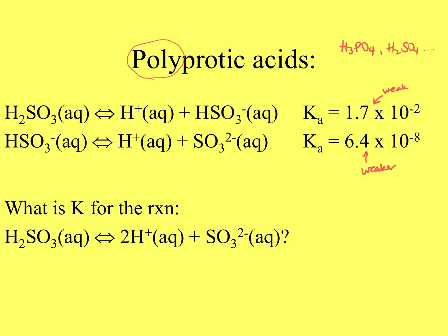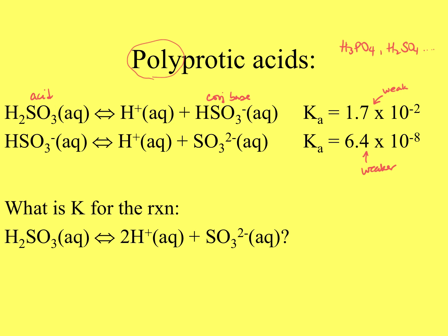So that's why successive Ka values get smaller and smaller as each hydrogen is removed from a polyprotic acid. You want to make sure you understand, for later on, that this is the acid, and then this is the conjugate base. So the Ka goes with this acid.